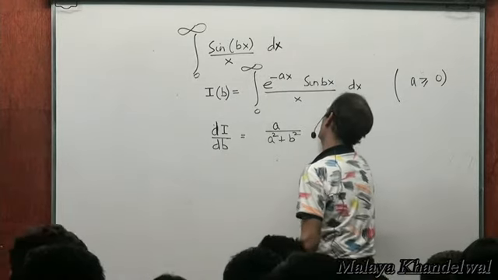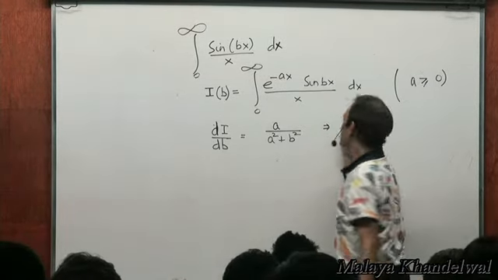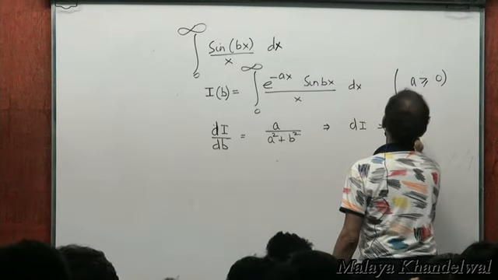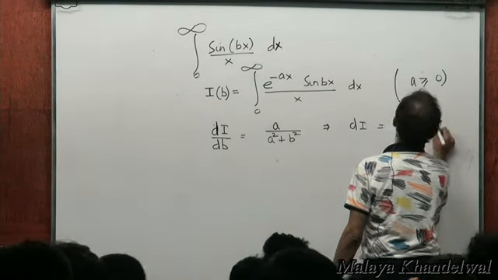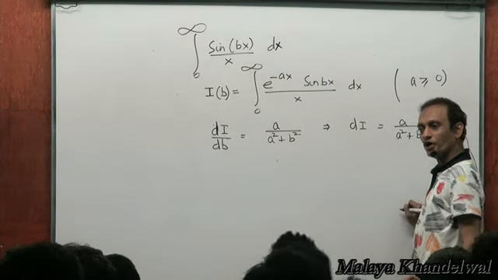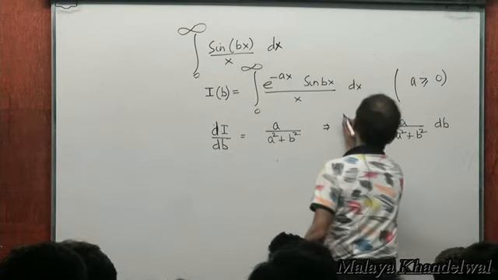Right? Let me recover I. dI then is a by a square plus b squared db. Yes or no? Integrate both sides.